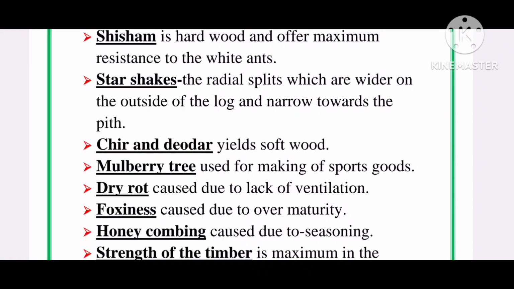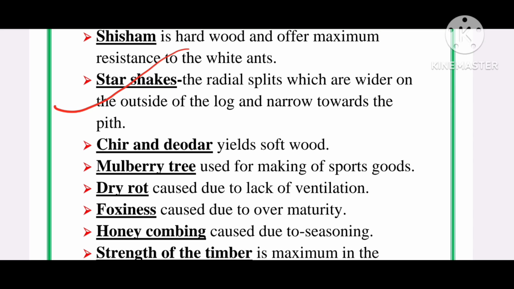They are cracks extending from bark towards the sapwood, and they are formed due to extreme heat or severe frost during the growth of the tree. So this is a defect due to natural force.